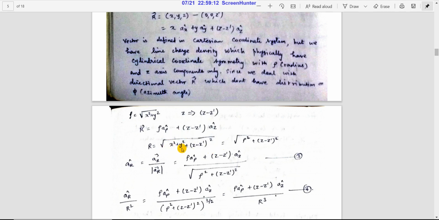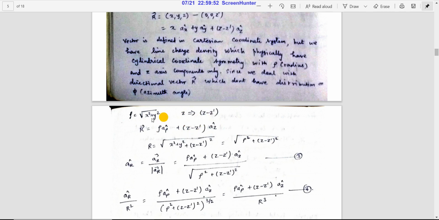If we substitute these in the vector, then we can write that the magnitude of R is equal to root of x square plus y square plus (z minus z dash) whole square. Now you see x square plus y square, its root we can write as rho. Since this term is inside the root, we can write these terms as rho square plus (z minus z dash) the whole square, and then take the root.